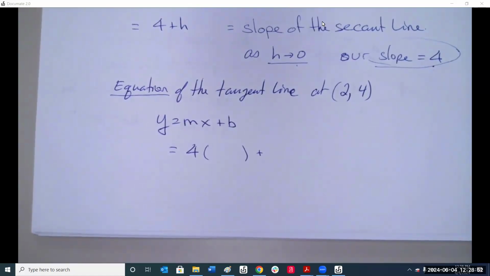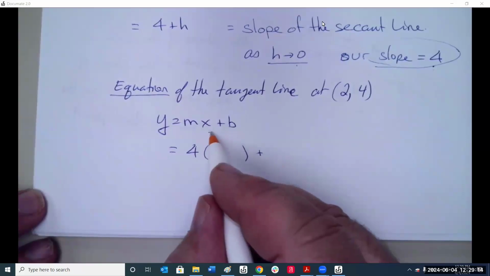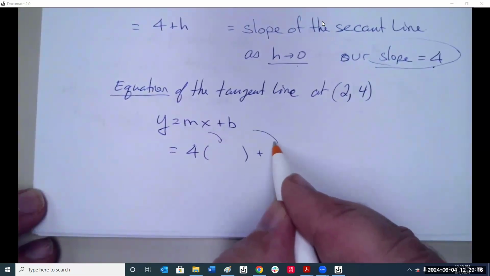Now we have to fill in the rest of that blank. It has to be the line tangent to the curve. What's the curve equation? x squared has to be tangent to it. So what's our equation and what's our y-intercept going to be?